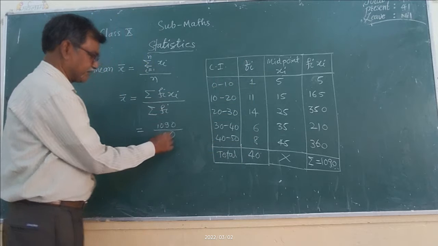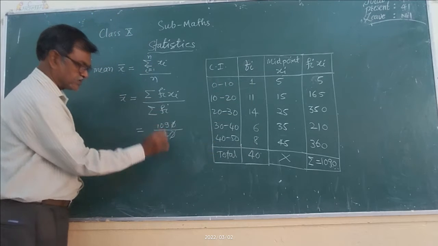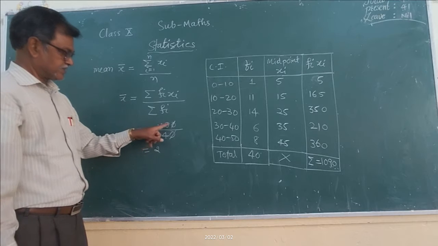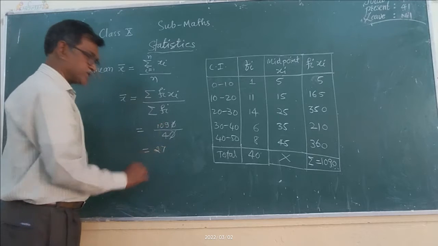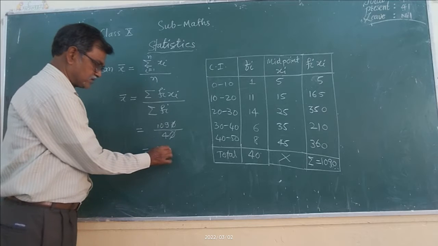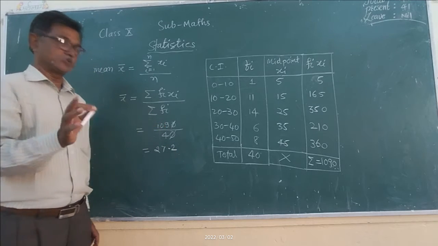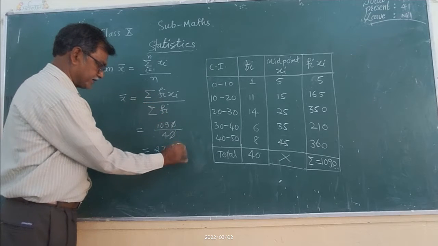So it is 40. And the 0 will cancel. So the mean is 27.25. Okay, so this is the mean.